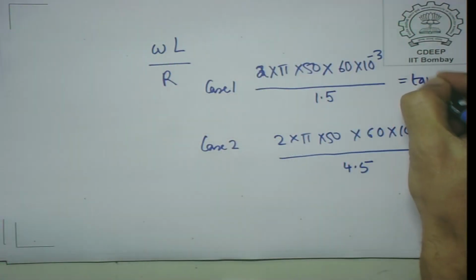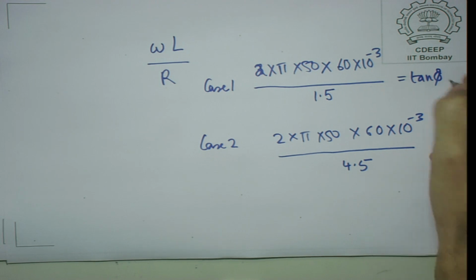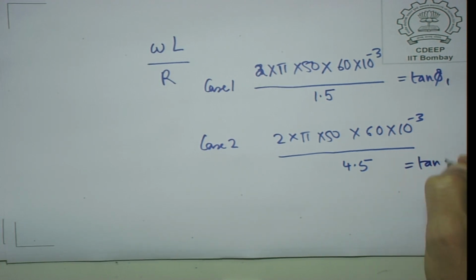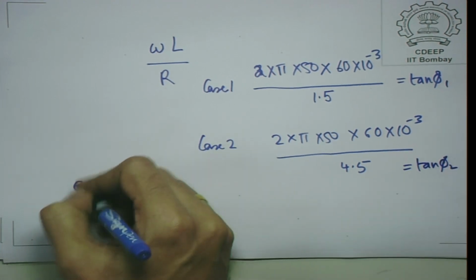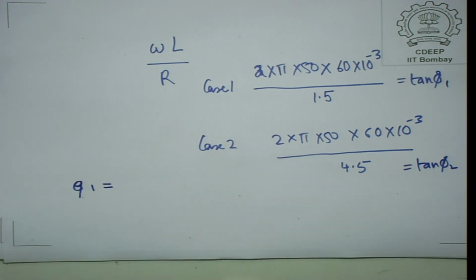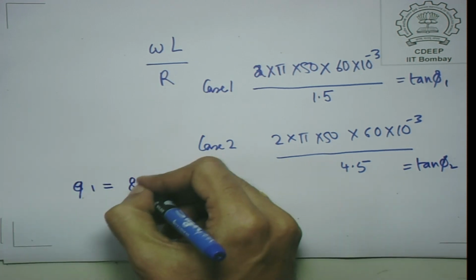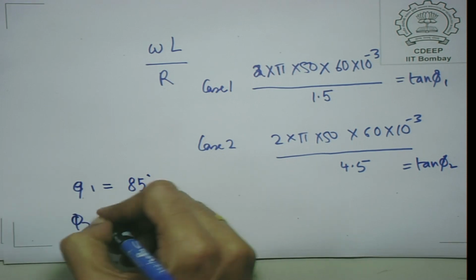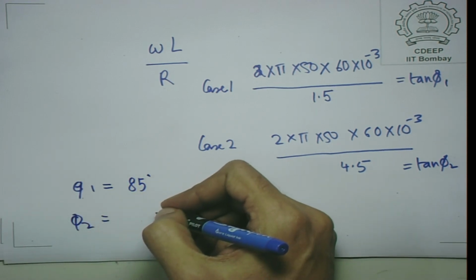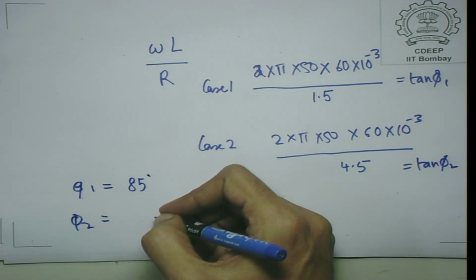So Kaustav is doing the calculation and he will tell us shortly what these values will be. In case 1 this is equal to tan phi 1, and in case 2 this is equal to tan phi 2. So phi 1 turns out to be equal to 85 and phi 2 is equal to 76.